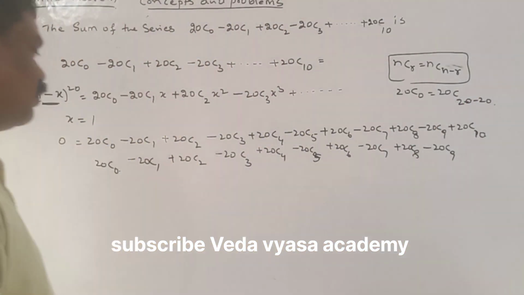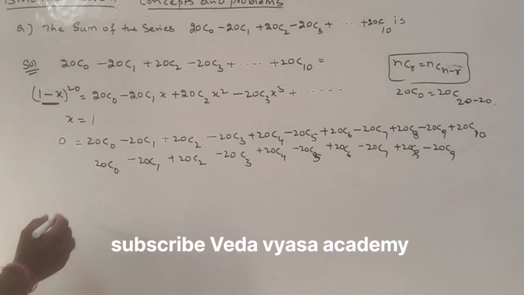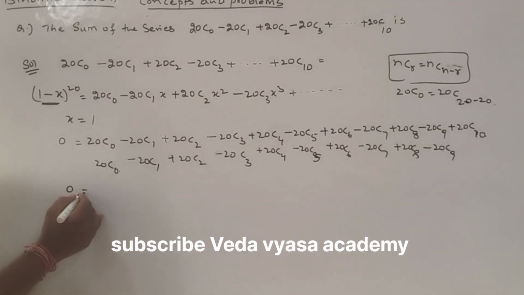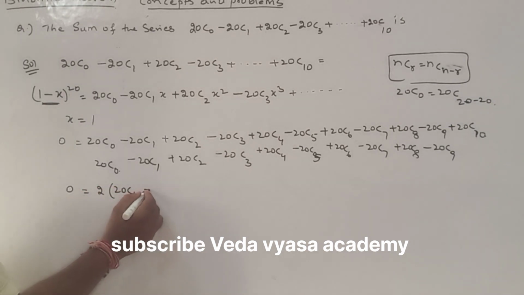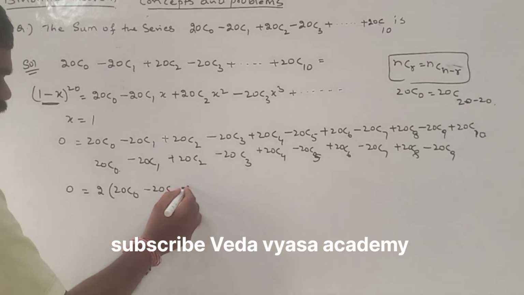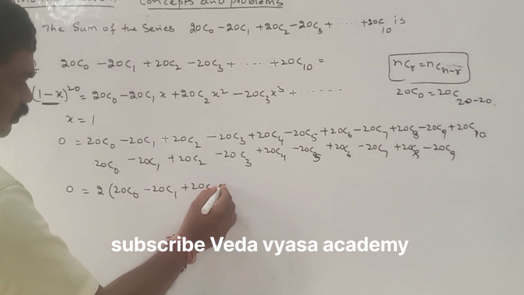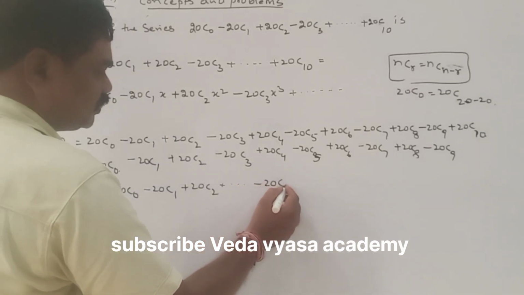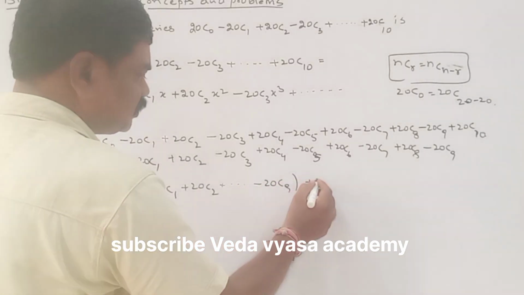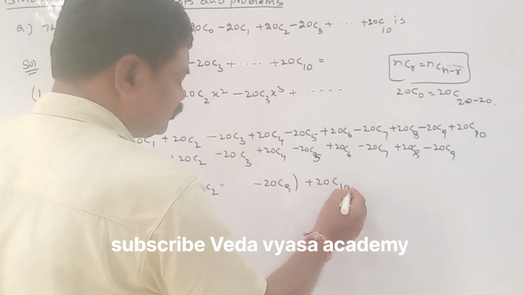Okay, so by using this, 0 is equal to 2 into 20C0 minus 20C1 plus 20C2 and so on up to minus 20C9 plus 20C10.